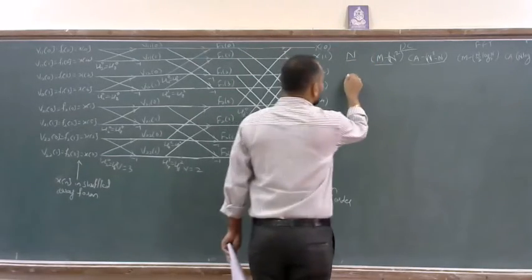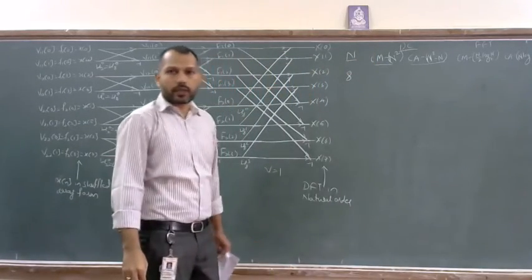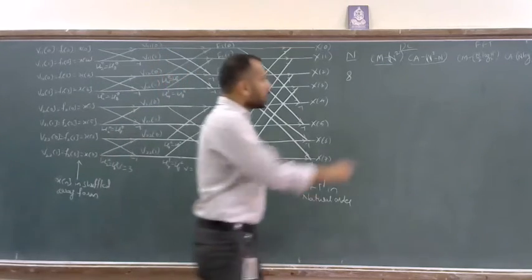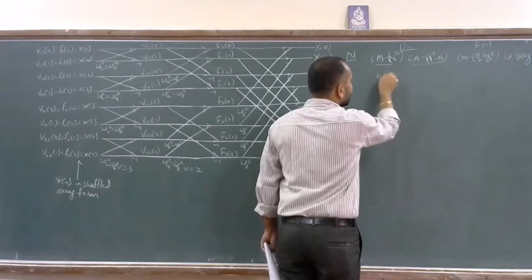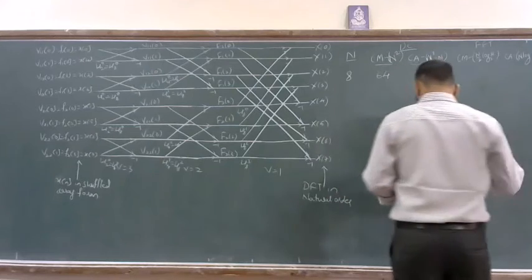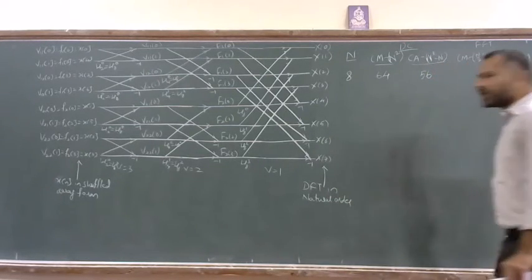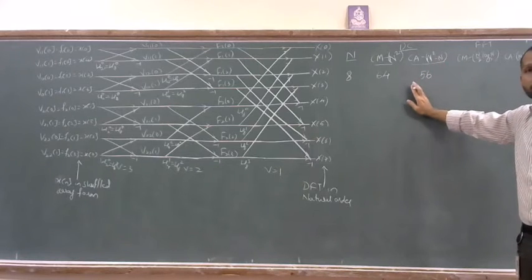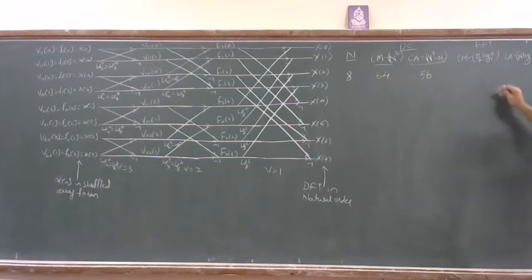Now, if we want to calculate 8-point DFT, by using the direct computation method, 64 complex multiplications are to be performed and 56 complex additions are to be performed. But if we use FFT, then we'll have to perform only 12, that is N by 2 times log N. Log N to the base 2 will be log 8 divided by log 2, which will be equal to 3. 3 multiplied by 4, that will be 12.